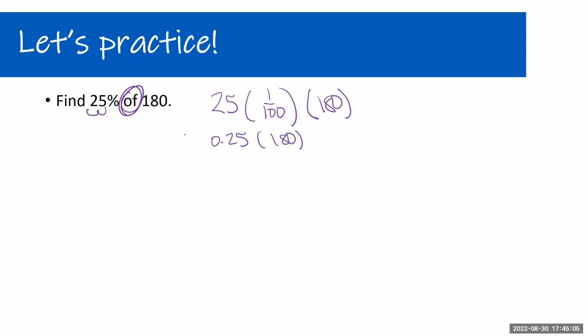These are doing the exact same thing, okay? So however you want, you can just put this directly into your calculator or this directly into your calculator. And when we do that, we are going to get 45. Now remember, you can always check your answer. 45 out of 180 should be 0.25, and it is.